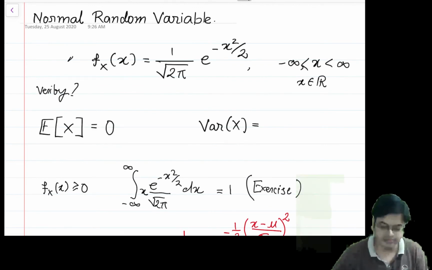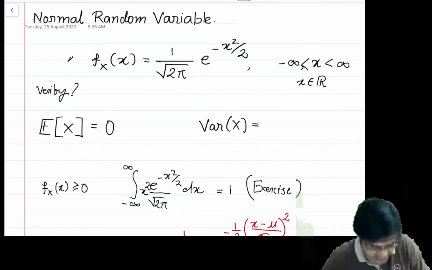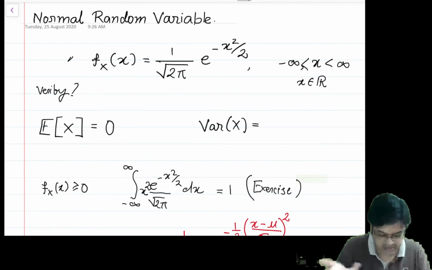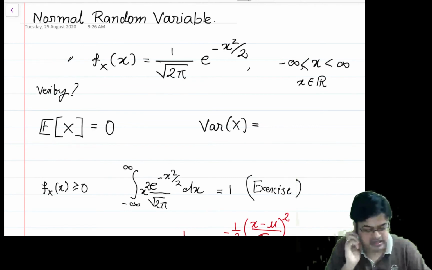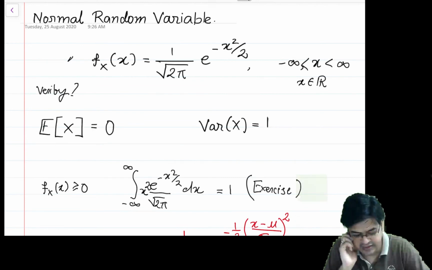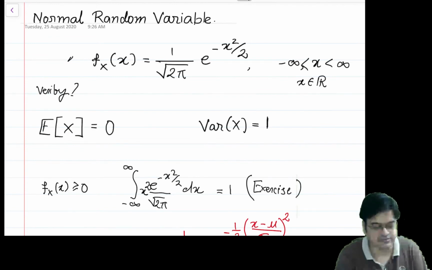And in order to compute variance, because the integral is 0, you just need to compute this x square, which cannot be 0 obviously because it's x square and all terms are positive, and it will turn out that the variance of this particular random variable is equal to 1.